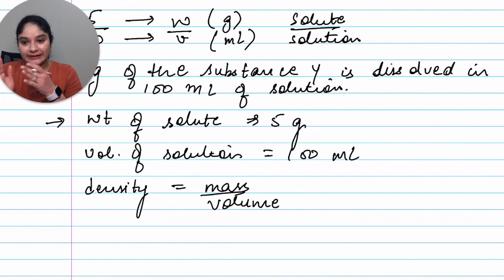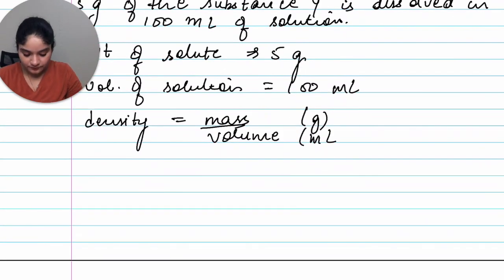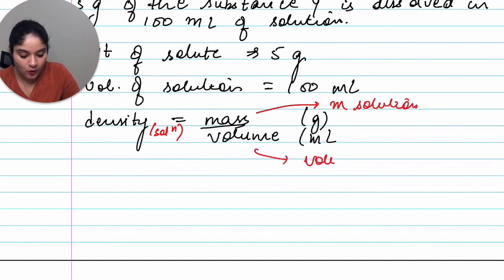So let's see. Density, the formula is mass upon volume. Mass is in grams and volume is in milliliters. One important thing I missed out is that density can be of the solution or the solute. If they are saying density of the solution, then they are also talking about mass of the solution and the volume of the solution.